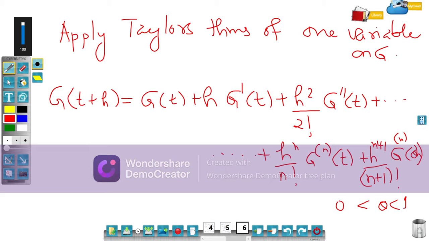Okay, so now let's call this as, what I will do here is as follows. Take t equal to 0 and h equal to 1 in this expression. Then how will it look, let's see.